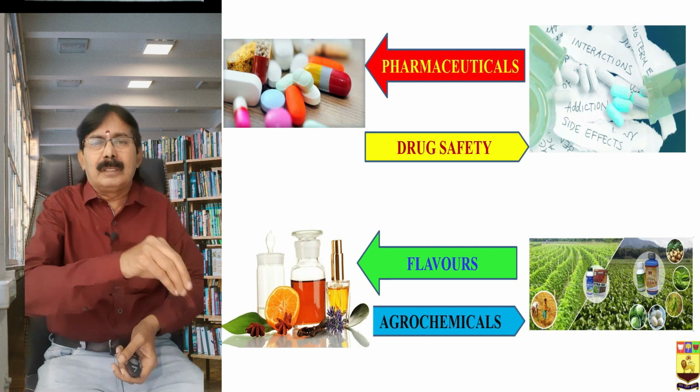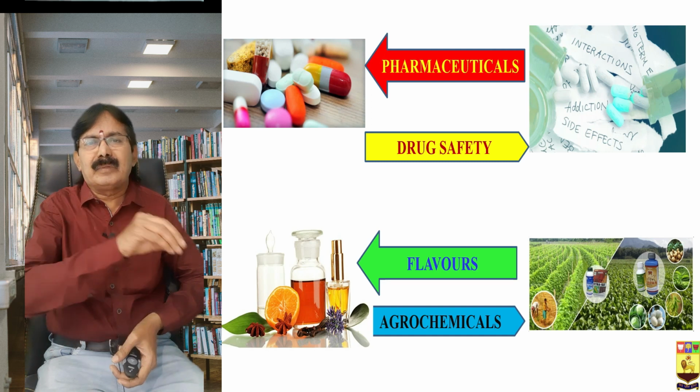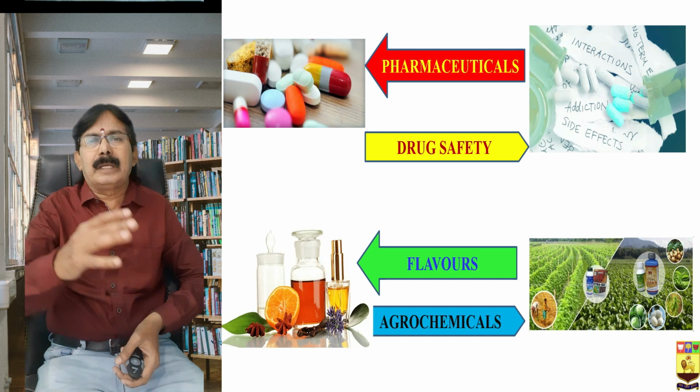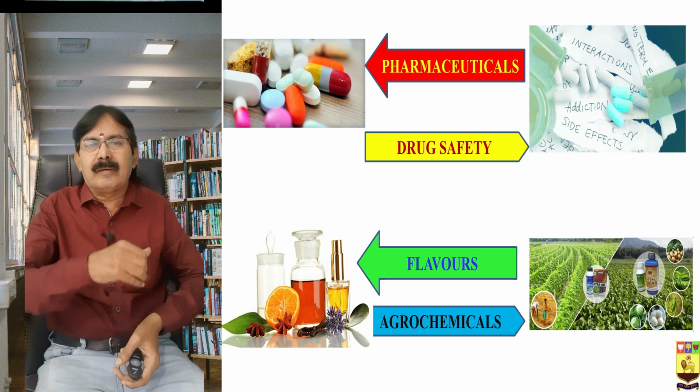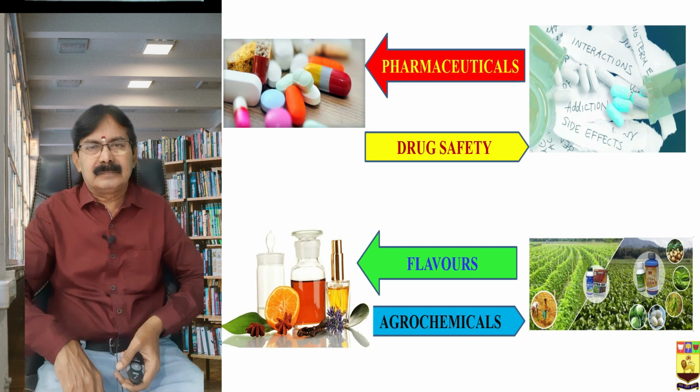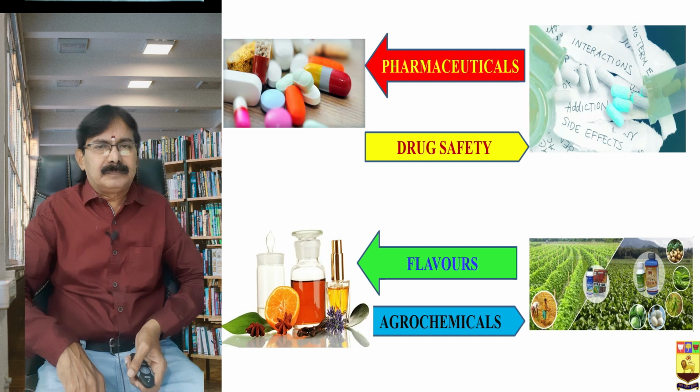Suppose a cage is there, and if you put that pheromone, all the insects will come into the cage, and we will eradicate all the insects. Okay, so let us go into it in detail.